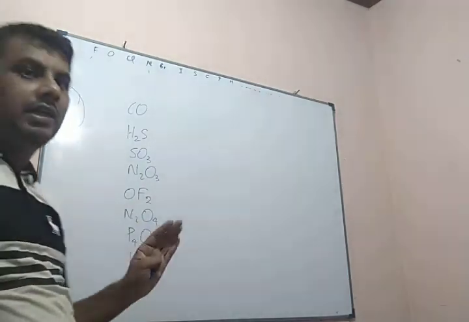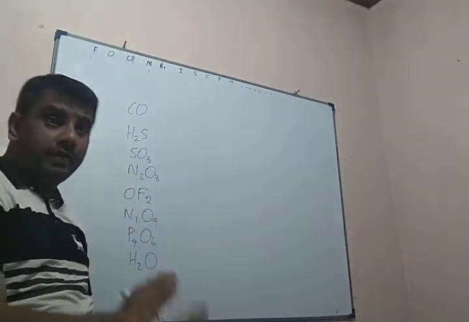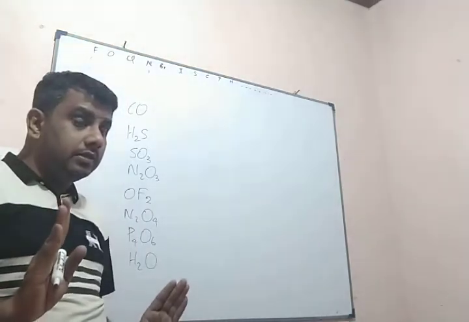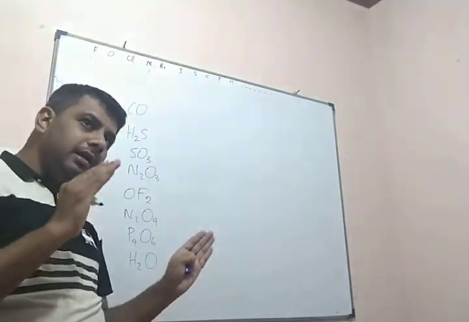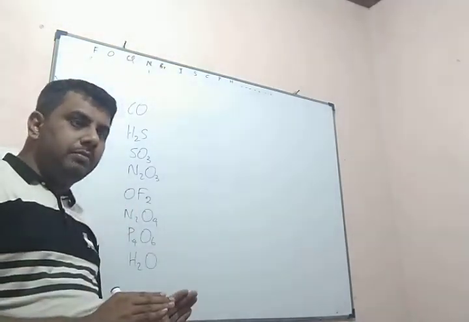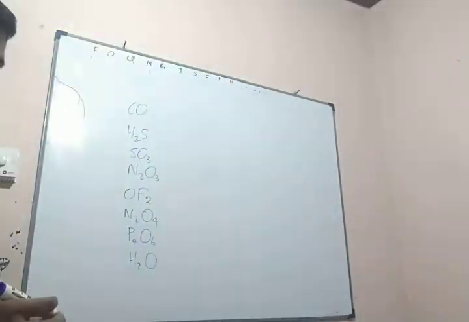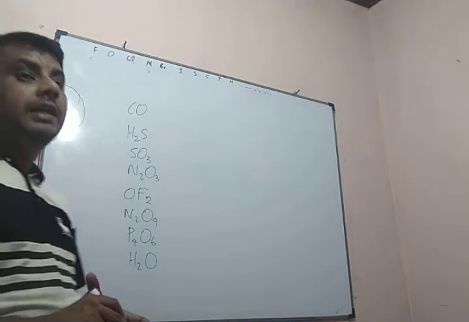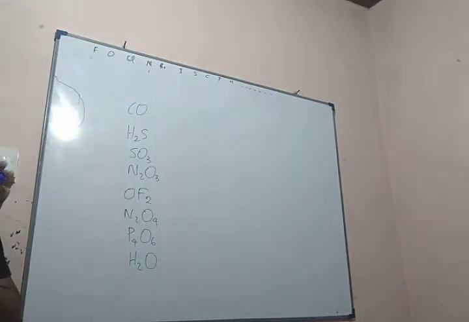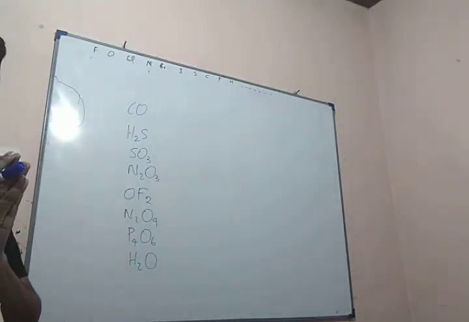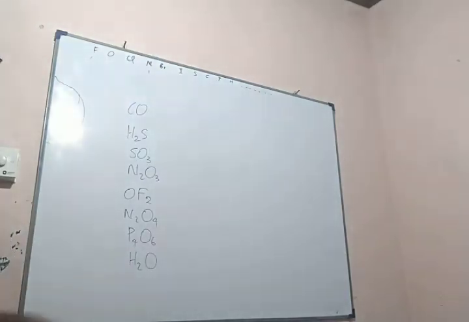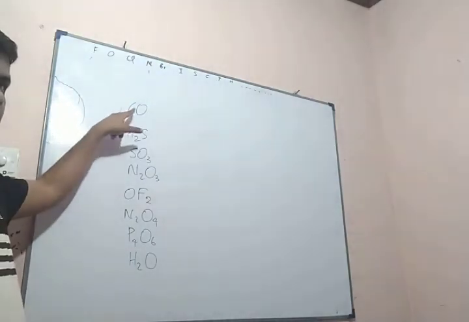Here you can't use the term anion or cation. These are covalent compounds. There are no ions, so you can't use the names cation and anion. You should say electropositive element and electronegative element. That would be the correct way, right? So which one is the electropositive element? Carbon.